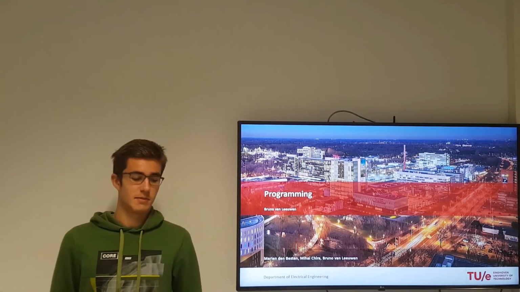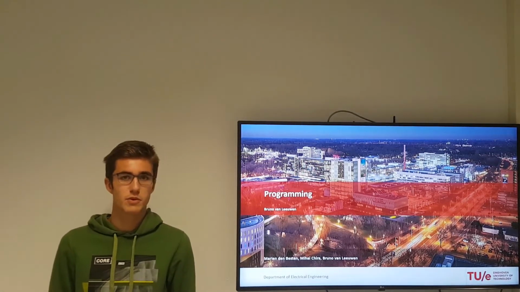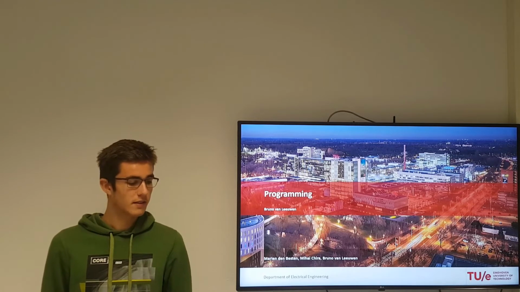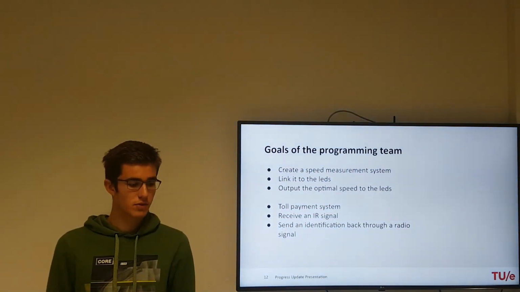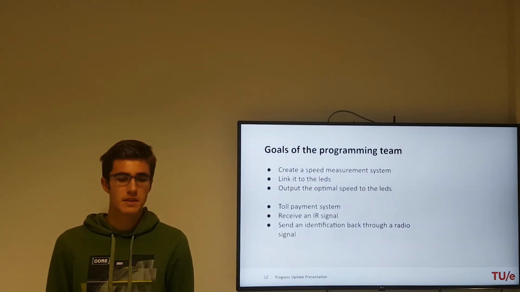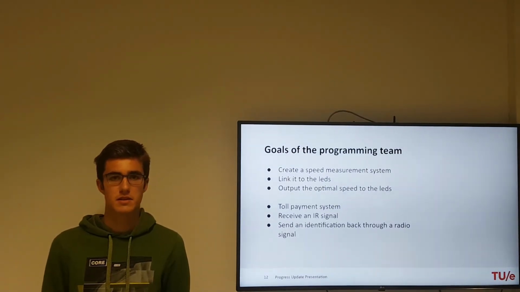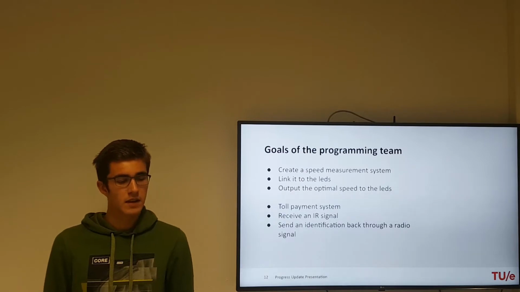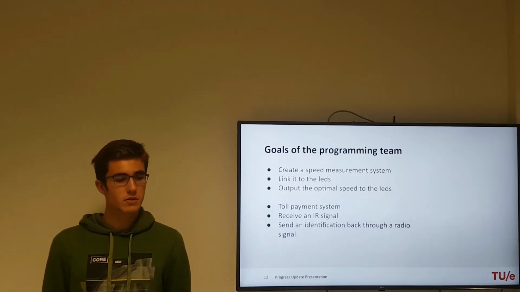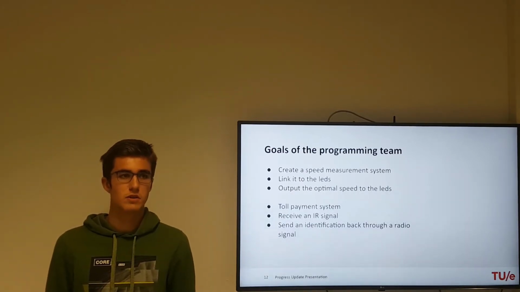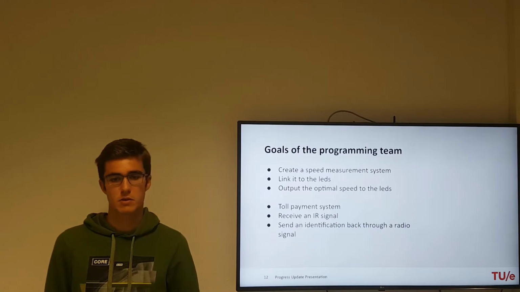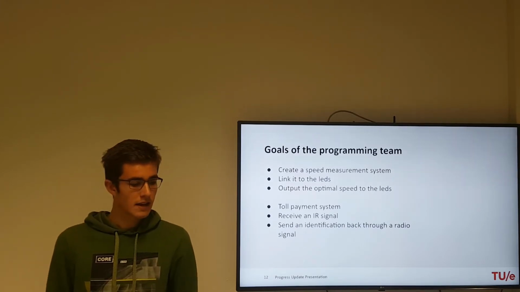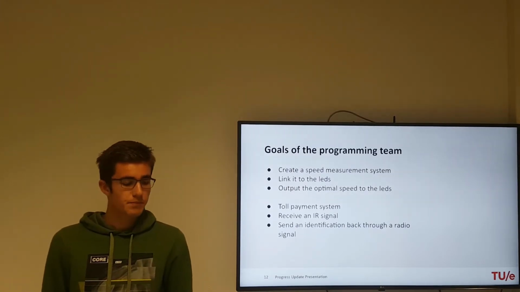Hello everybody, I'm Bruno. I'm part of the programming team of the project. The goals of the programming team are to create a speed measurement system. This is done with an RPM sensor that is mounted on the car. That RPM sensor will transmit a signal to the Arduino board, and the Arduino board should send a signal back to the LEDs that are mounted all around the car to light them up.